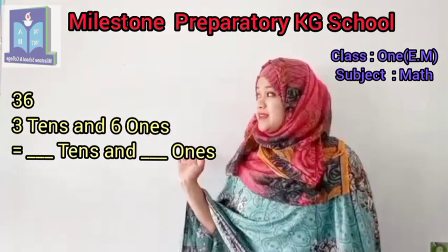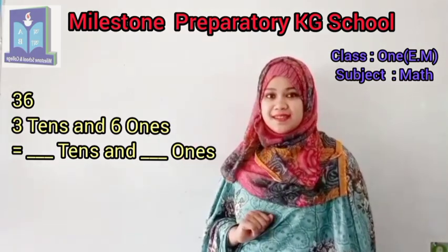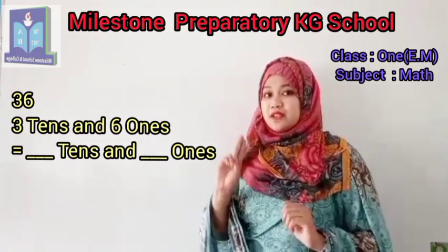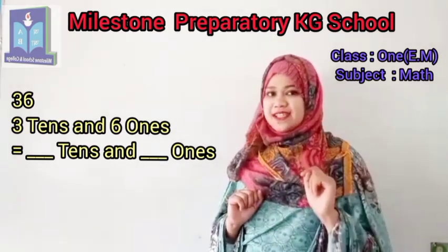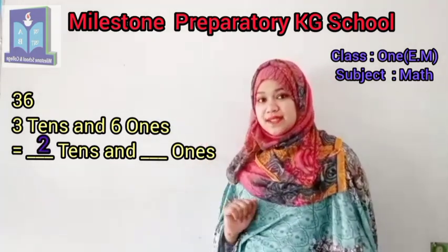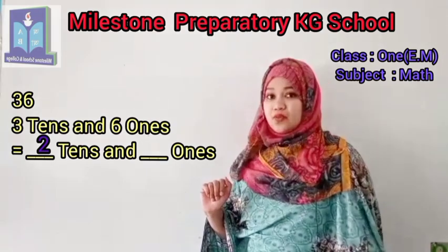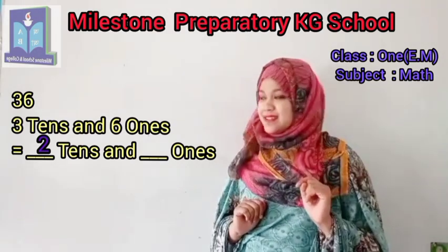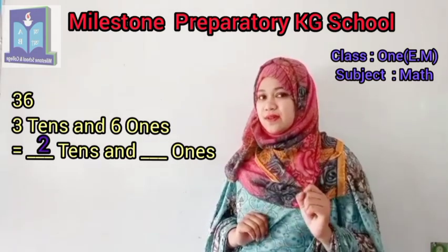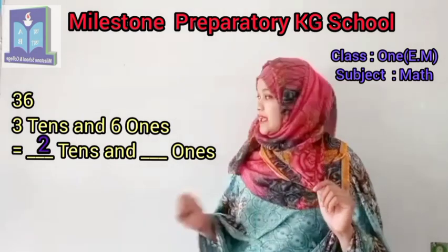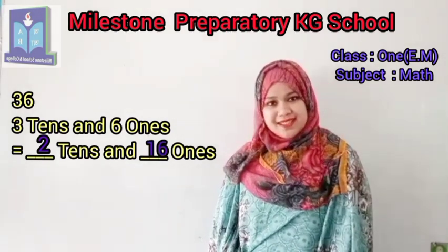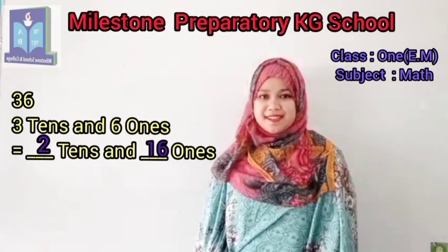Yes, how can we break 3 tens? Very good. I know you can. 2 tens and 1 tens. That means 3 tens. So we can write here 2 tens and we get 1 tens from here. And here is 6. So 1 tens equal 10 and 6 is 16 ones. Thank you, dear students.